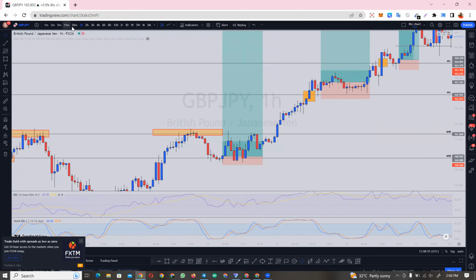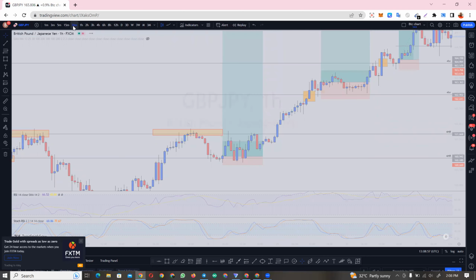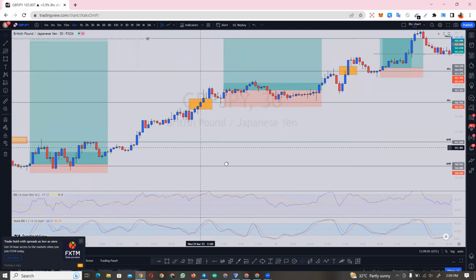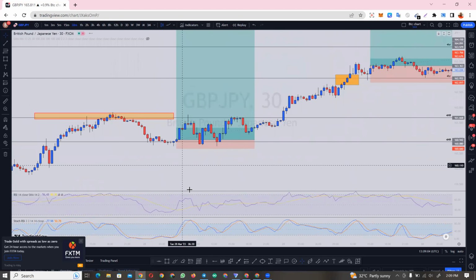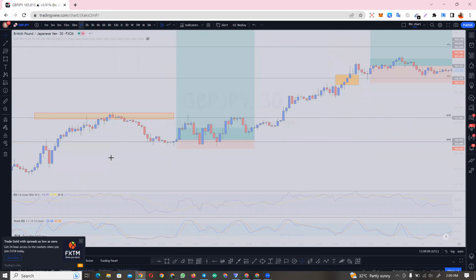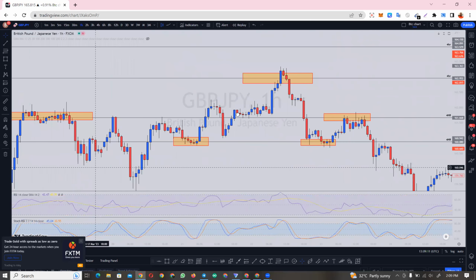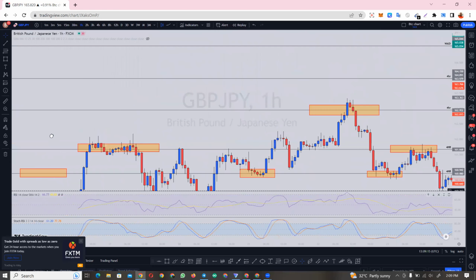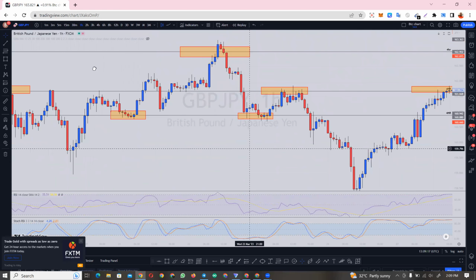Let me check 30 minutes to know whether there is an entry on 30 minutes. So on 30 minutes, we don't have so much. It's just the same thing. So on 1 hour time frame, we come down to 1 hour time frame. Oh, where's my chart?